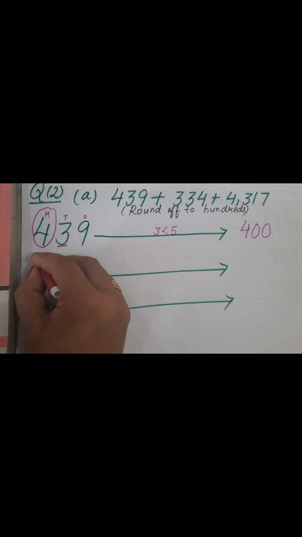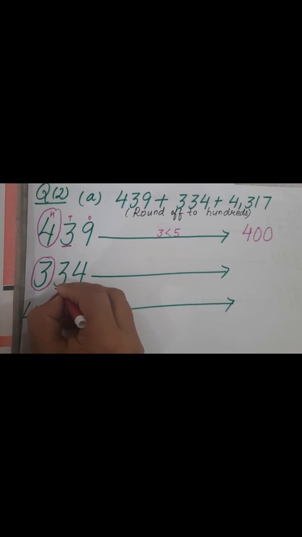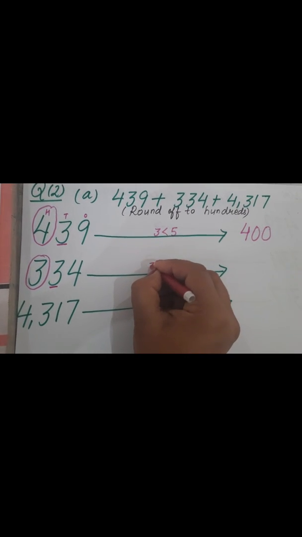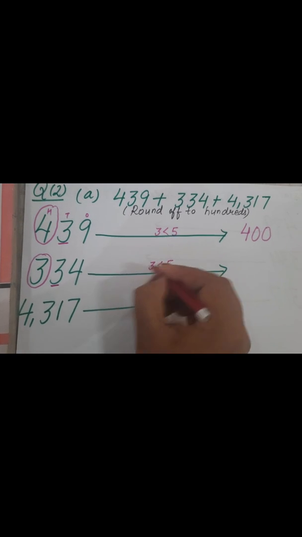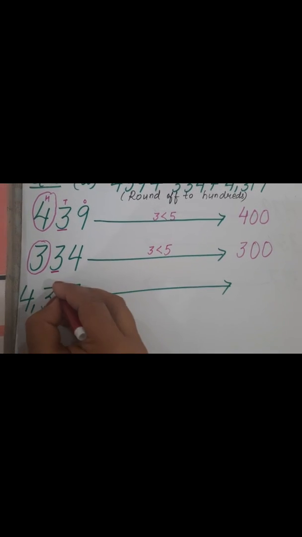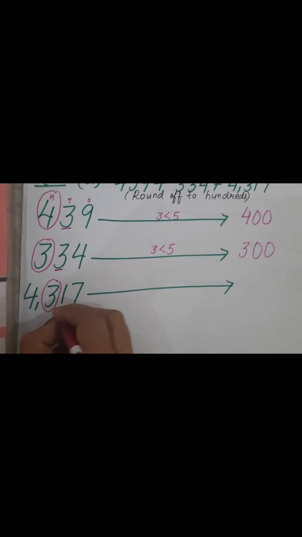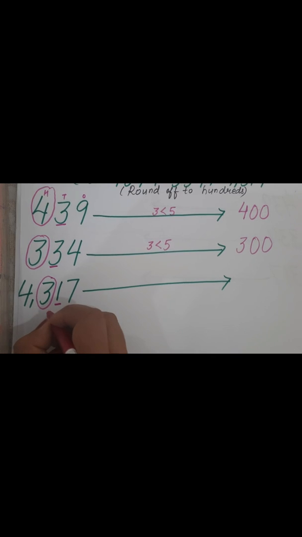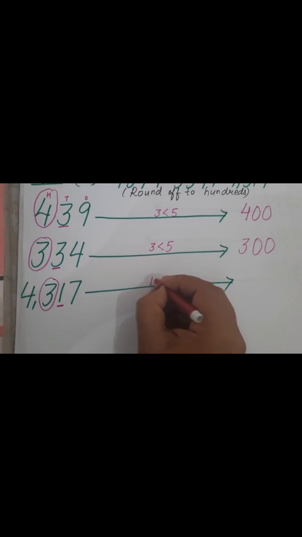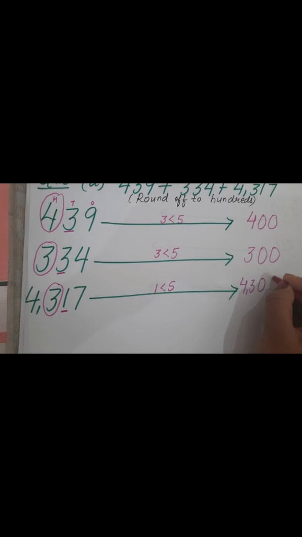400. Then again circle the digit at the 100 place, underline the digit to the right. This is 3, again lesser than 5, so it remains the same, that is 300. Now circle that digit, it is at the 100 place, then underline the digits to the right. Again this one is lesser than 5, so it remains the same.